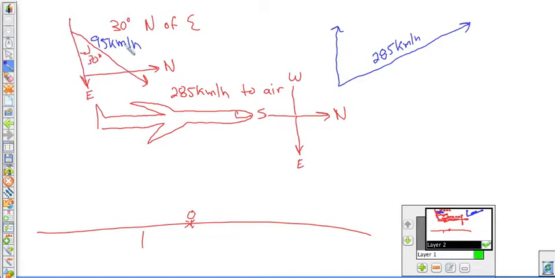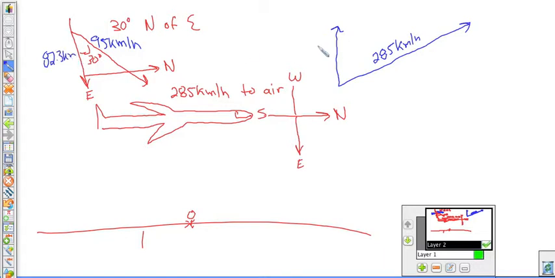So let's go ahead and figure this out. If this is 95 kilometers per hour, I want to solve for this side right here, which is the adjacent. So the cosine of 30 times 95 is going to give me 82.3 kilometers per hour.